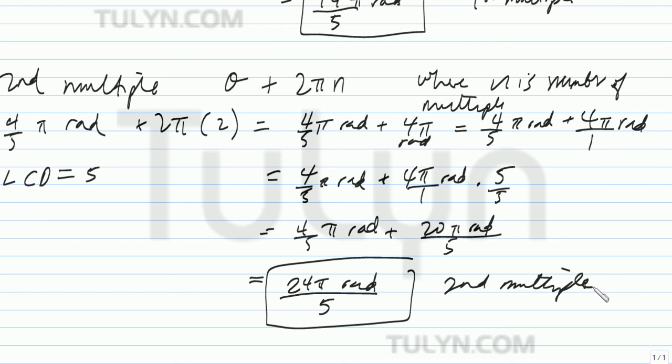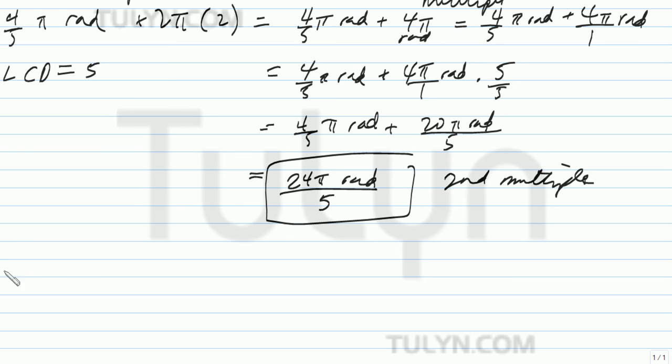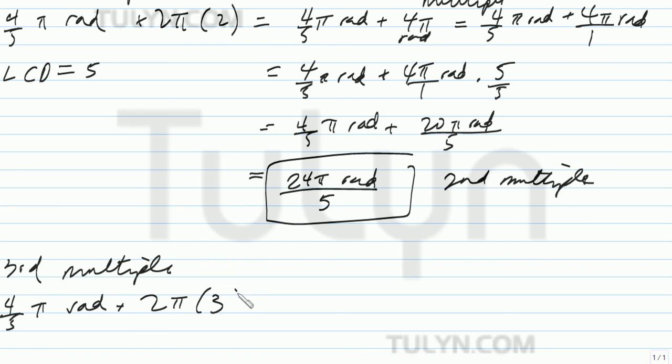Now, in order to get the third multiple, you're going to add 4/5 pi radian plus 2 pi times 3. Remember the formula: theta in radians plus 2 pi times n, where n is the number of multiples.